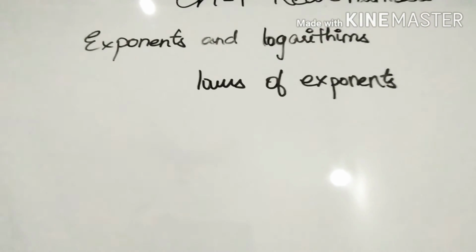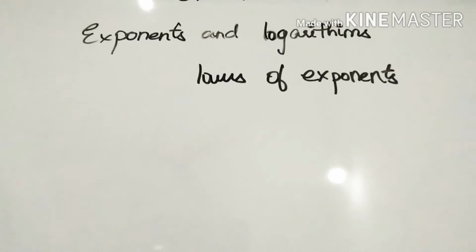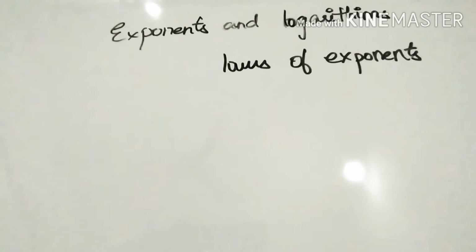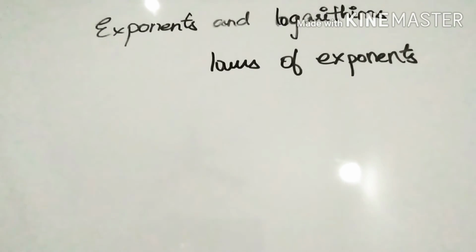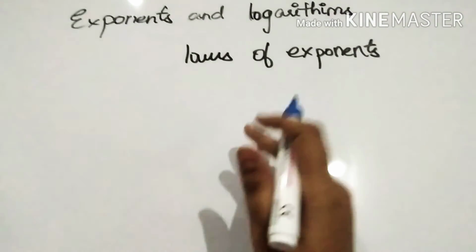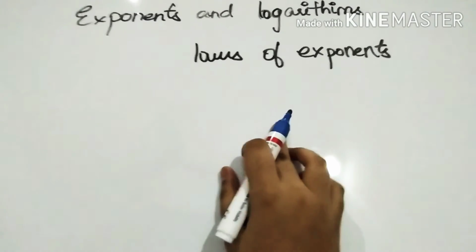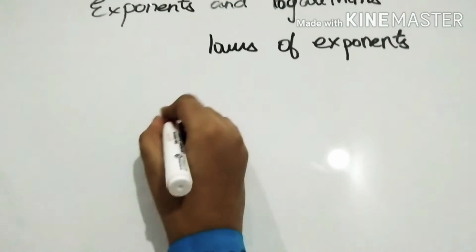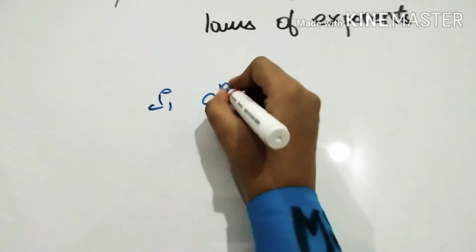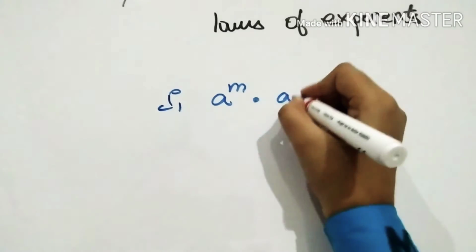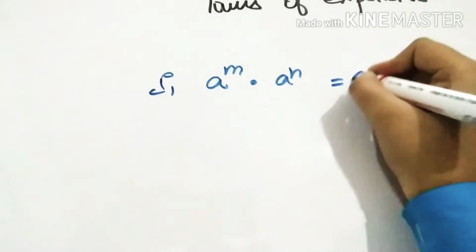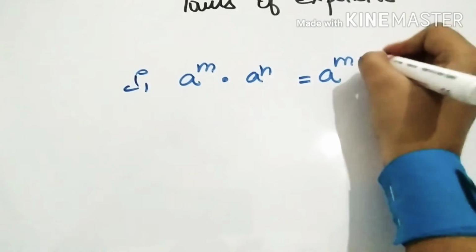So our next topic is exponents and logarithms. In earlier classes you have studied exponents, and we will revise it once more. Now let's see the laws of exponents. The first one is a to the power of m into a to the power of n is equal to a to the power of m plus n.